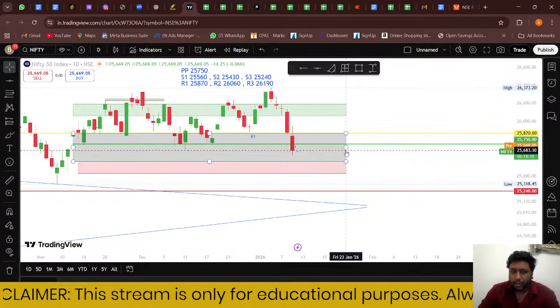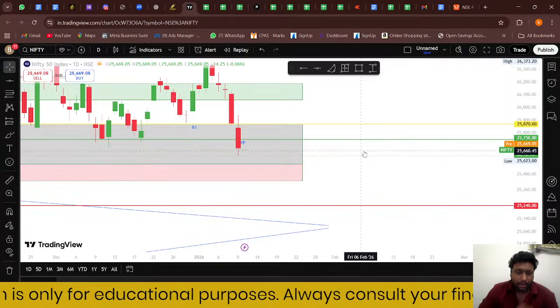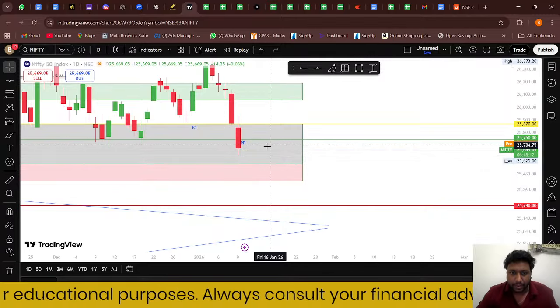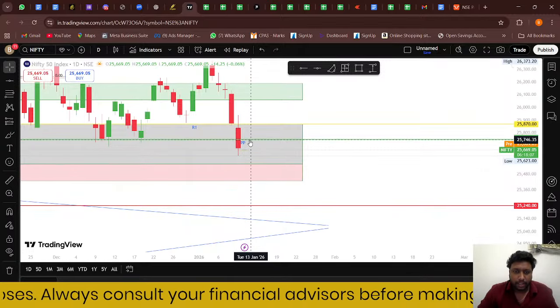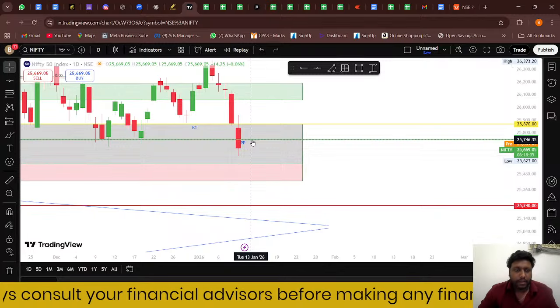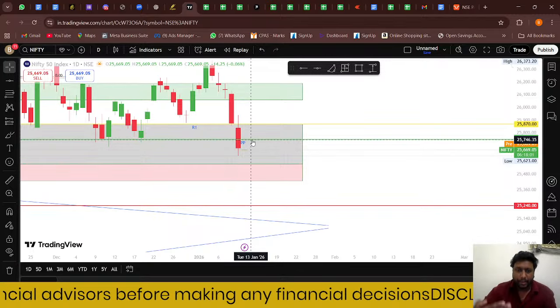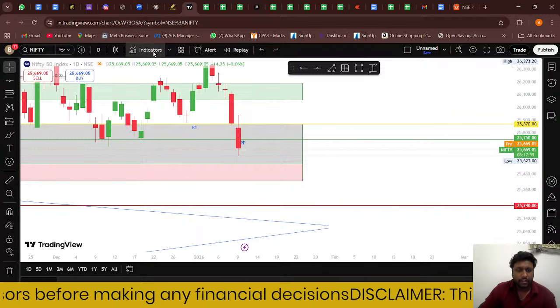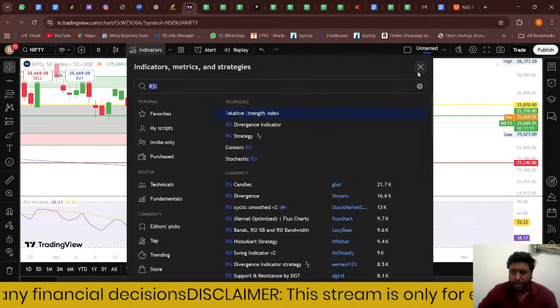So we will wait either for the first 15-minute range to be created, or if we get a chance at this particular level at the pivot line, then we can plan a rejection trade. And if it is crossing above, then we will validate it with our RSI indicator as well as the volume support.